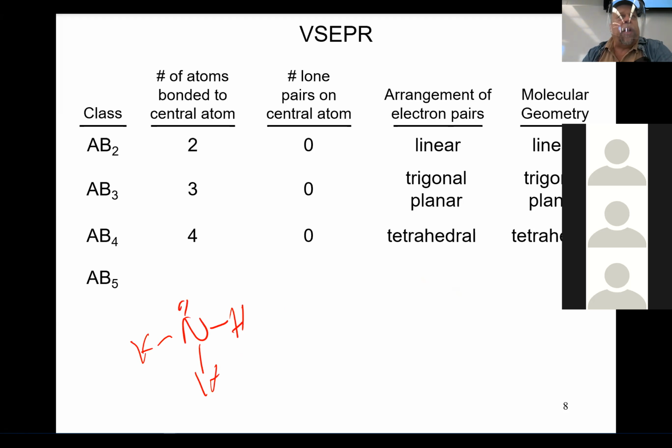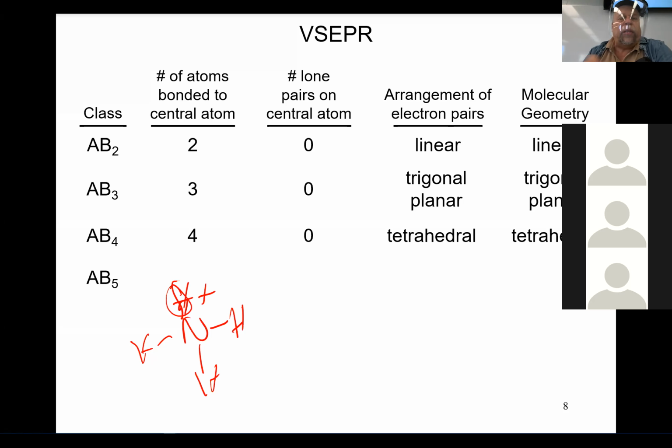How many atoms are bonded to the central atom? In this structure, how many atoms are bonded to the central atom? 3. Okay, and you've got this electron pair up here. There's nothing that can bond to that. But the thing that's cool is if you add a proton to it, you get this, NH4 plus.